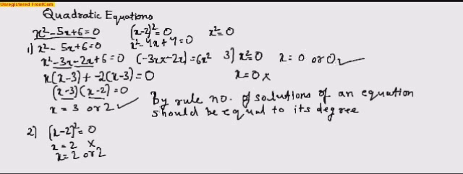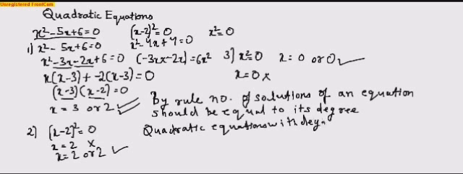So that makes me have two solutions for each of my equations with degree 2. So now quadratic equations are the equations with degree 2. In this video, we will be covering various types of quadratic equations and the ways to solve them.